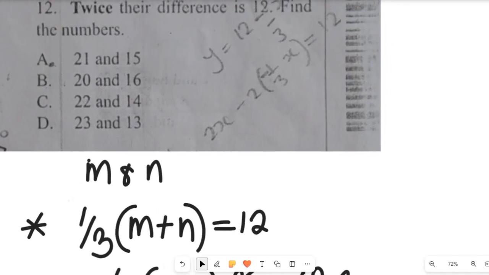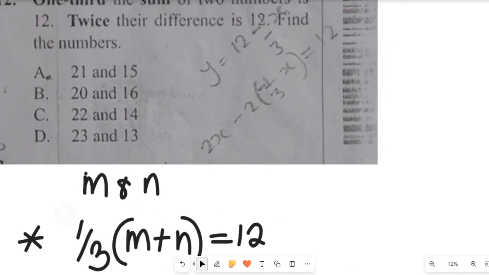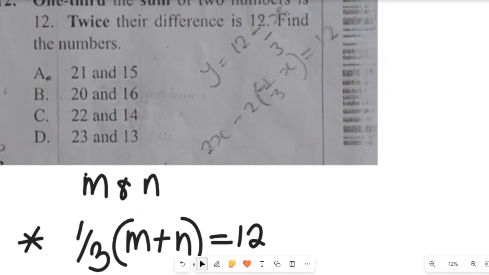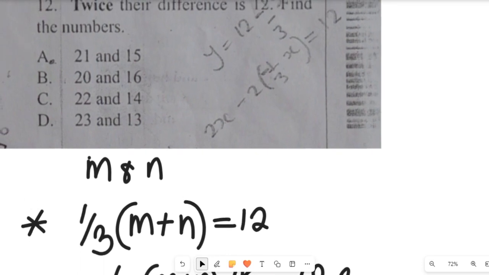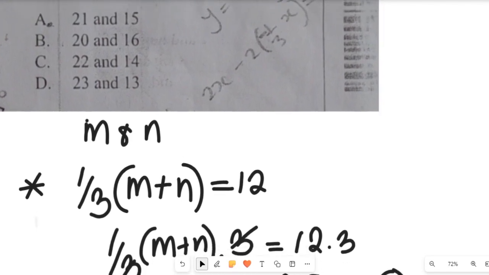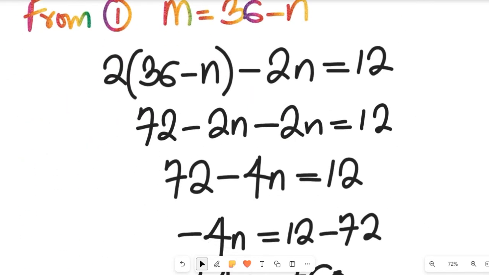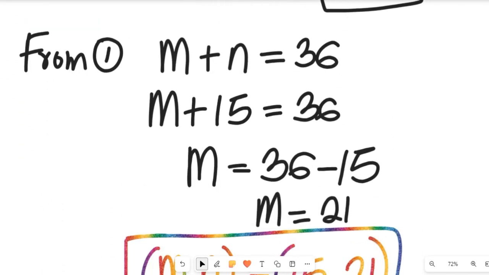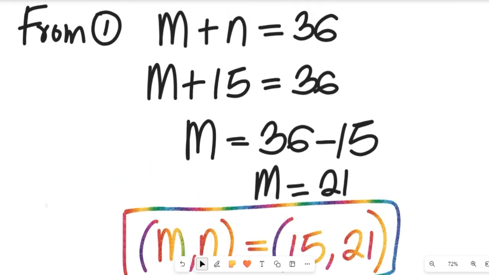Do we have it in the options? Yes, the solution is 21 and 15. It doesn't matter which one comes first. Our answer is option A. So you see, option A is the solution to that word problem question.